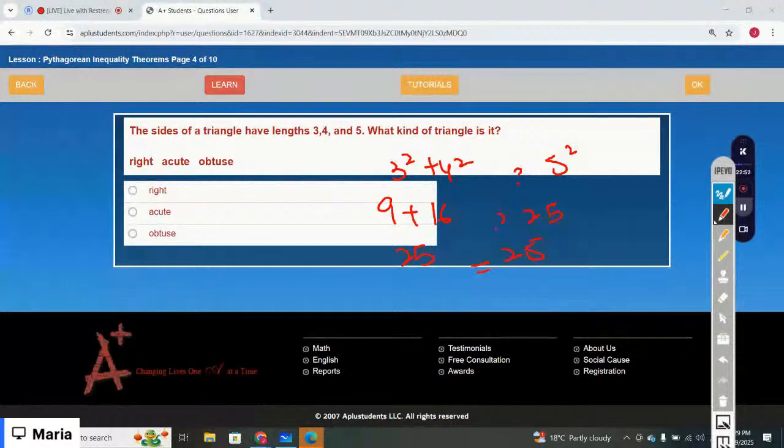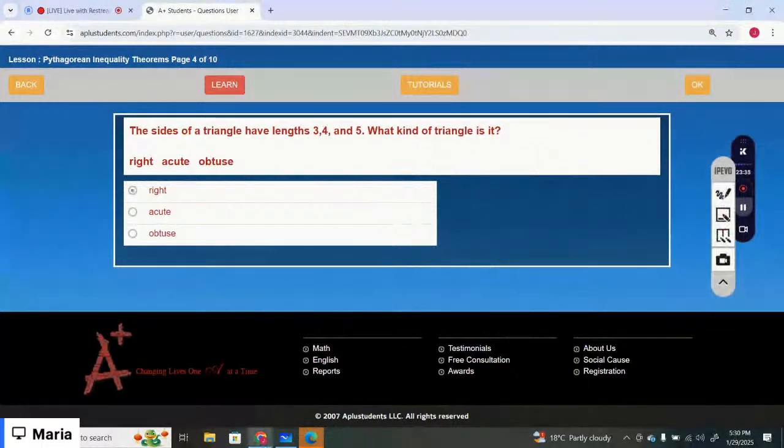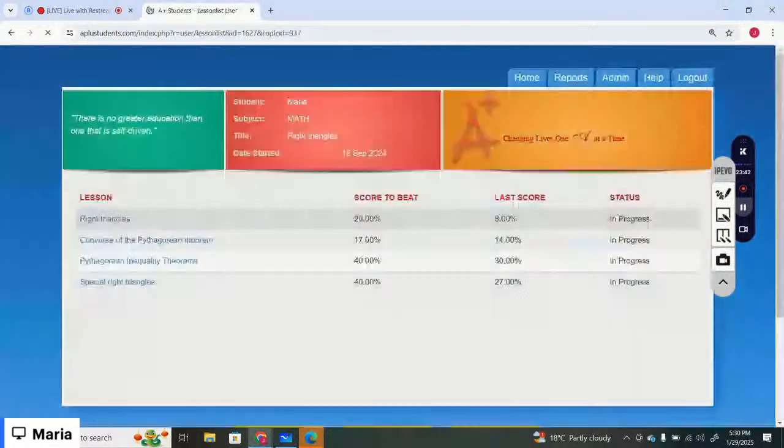So that is the right triangle. Okay, you can complete the lesson by yourself later today. Let's just move on to the next lesson.